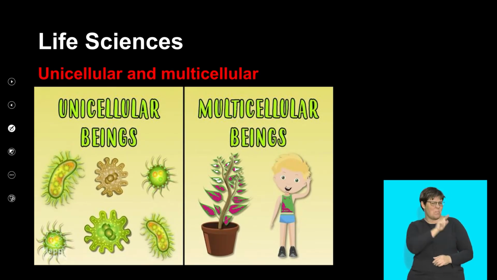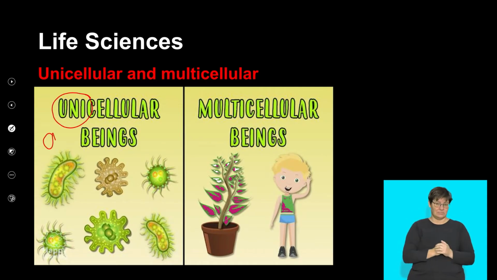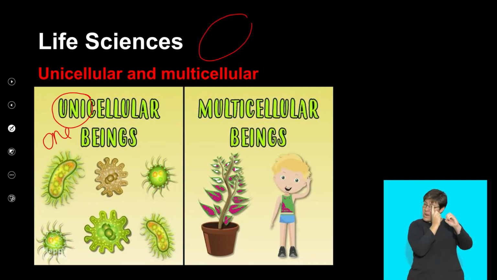The last concept that we need to look at is what is unicellular and what is multicellular. Uni means one. And when we talk about one, you need to understand the concept that a single cell, one cell, can be living. There's an amoeba, there is bacteria, there's some protists.